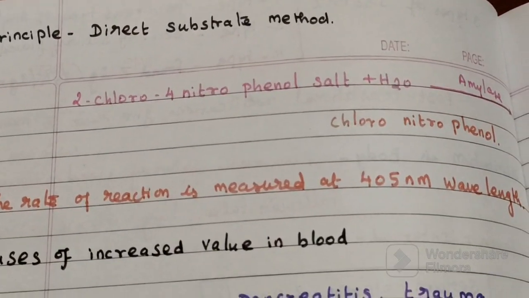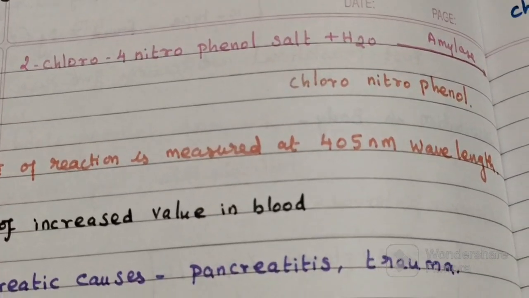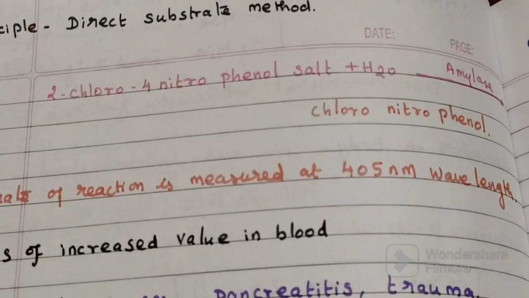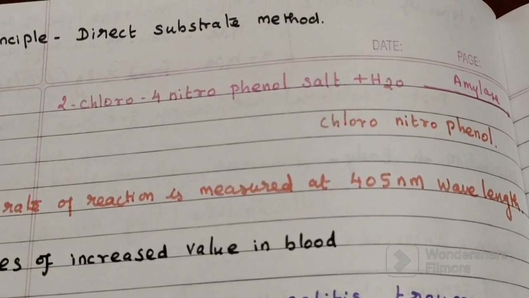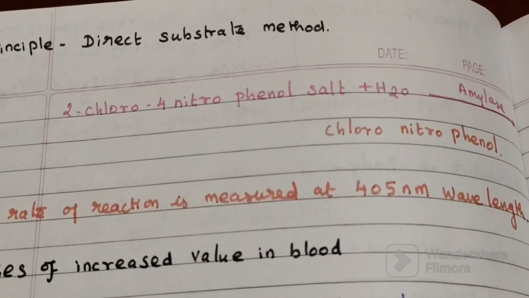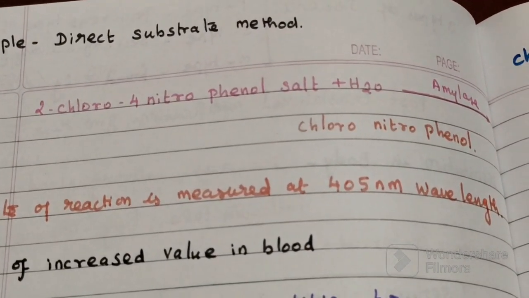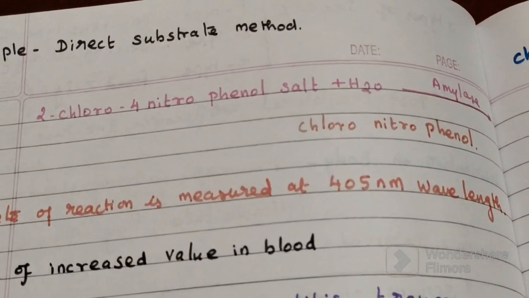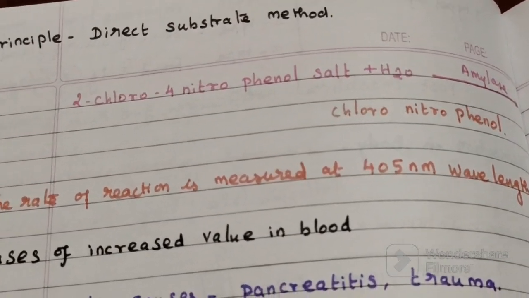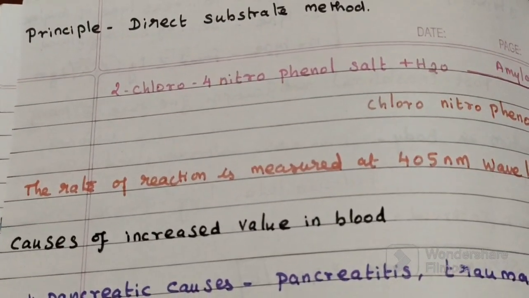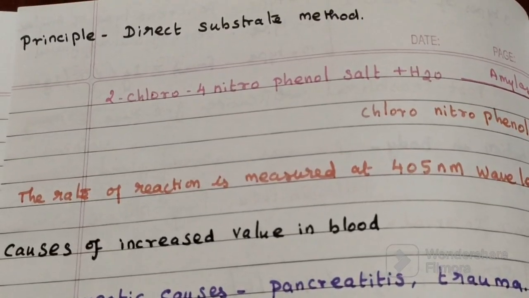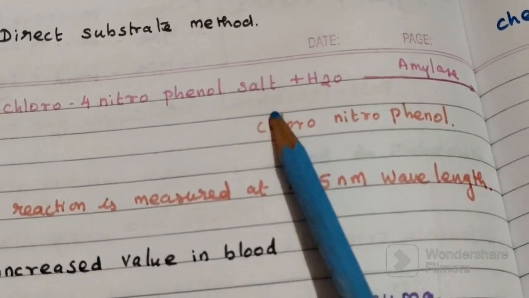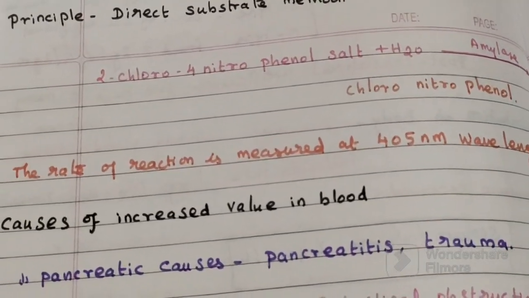2-chloro-4-nitrophenol salt is hydrolyzed in the presence of amylase enzyme, which gives chloronitrophenol. The patient sample is mixed with the reagent containing 2-chloro-4-nitrophenol salt. This is hydrolyzed in the presence of the enzyme amylase to form chloronitrophenol.